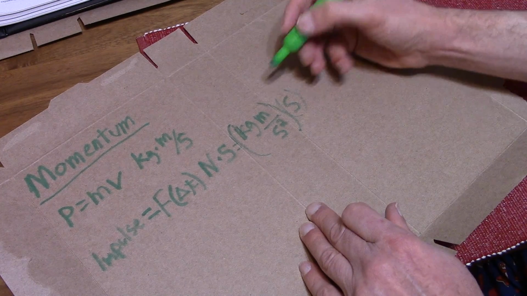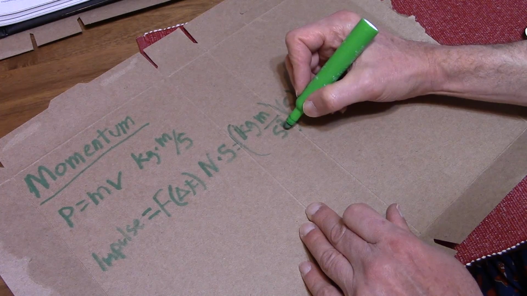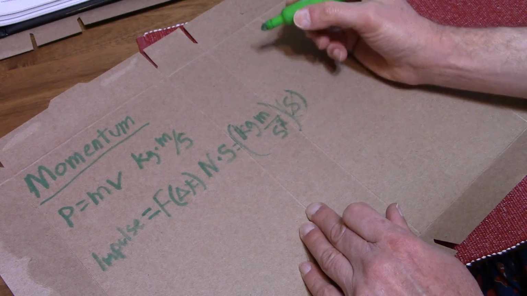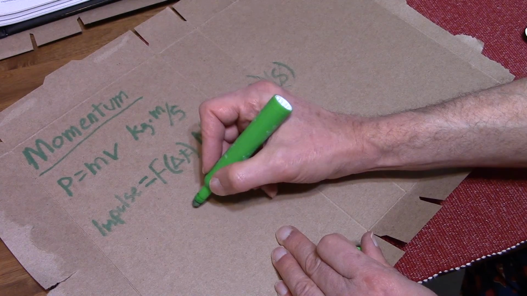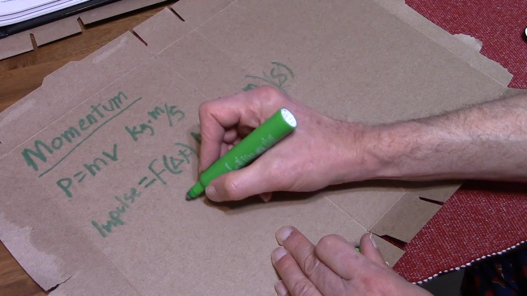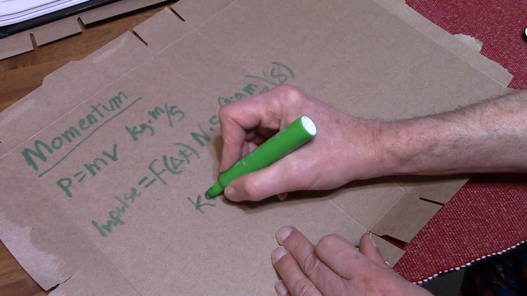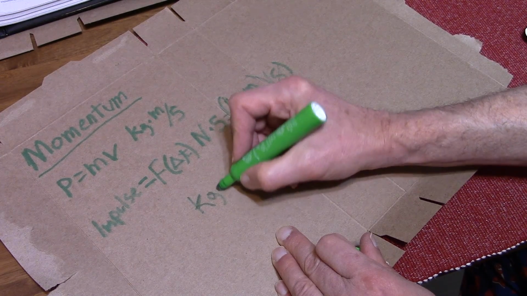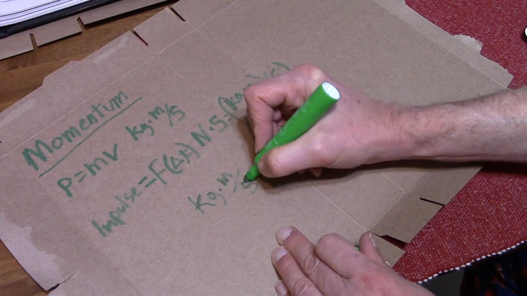Hey, my marker is going. So now you have a second squared down here that cancels with this second here, and you end up with units of kilogram meters per second.